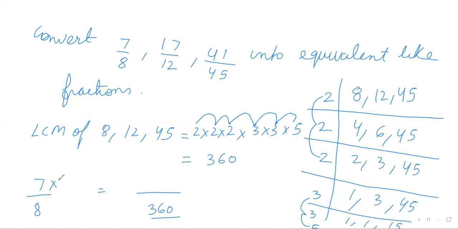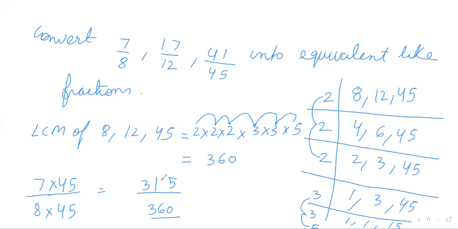So I should multiply both numerator and denominator by 45. The numerator becomes 7 5s are 35, 3 carryover, 7 4s are 28 and 3 is 31. So you are getting 315 divided by 360.